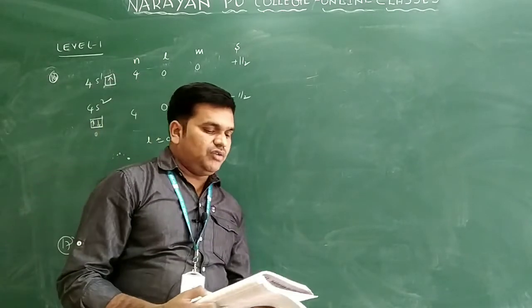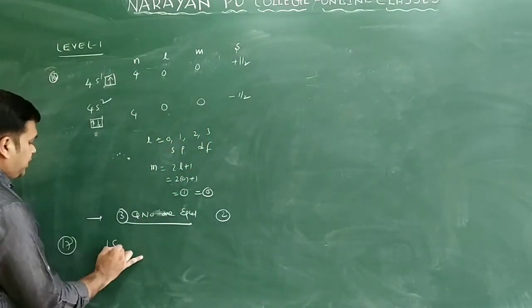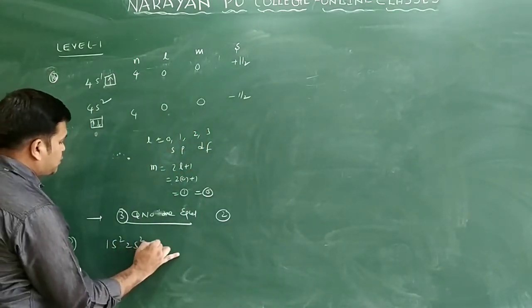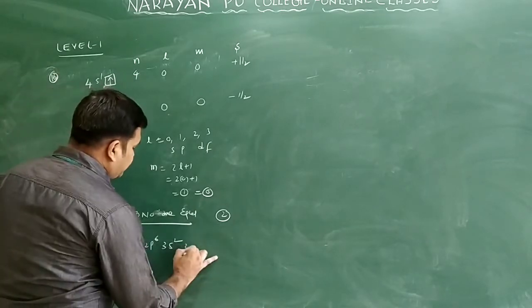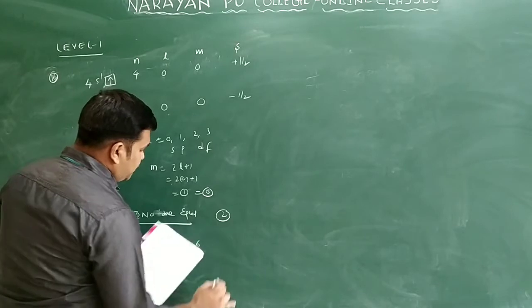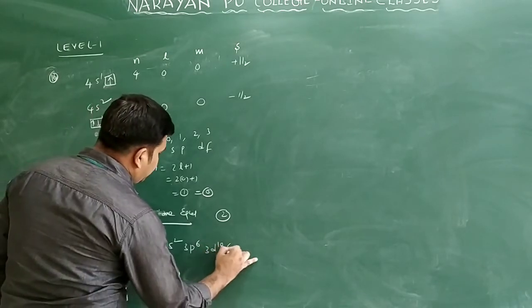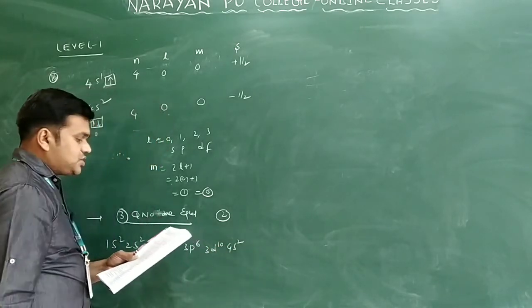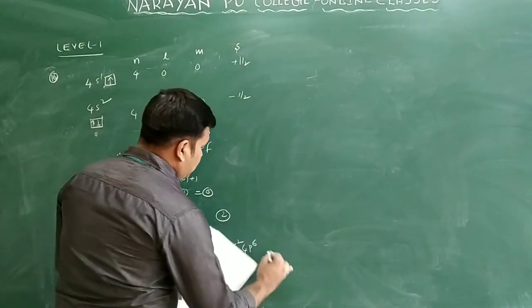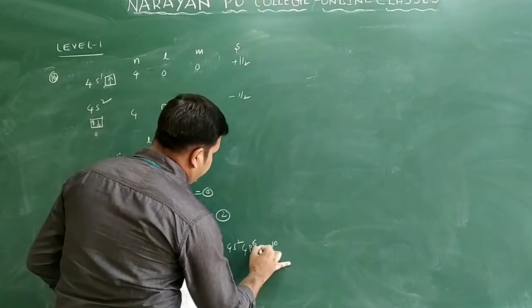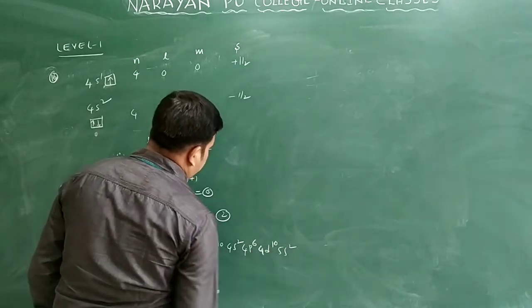The electronic configuration given here is 1s2, 2s2, 2p6, 3s2, 3p6, 3d10, 4s2, 4p6, and 4d10, and 5s2 only.